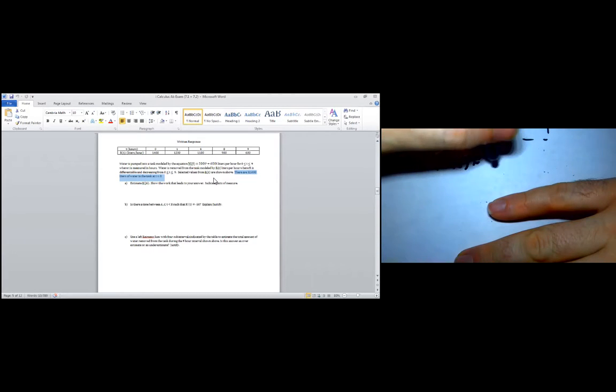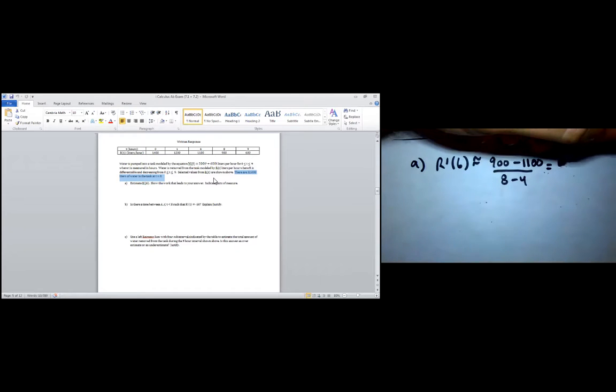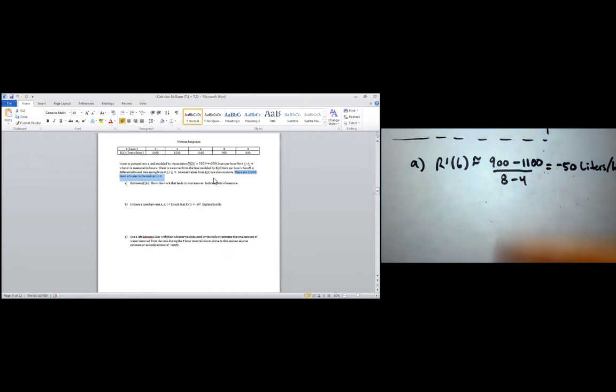So it's going to be (900 minus 1100) over (8 minus 4). That's going to be negative 200 over 4. That's negative 50 liters per hour squared.